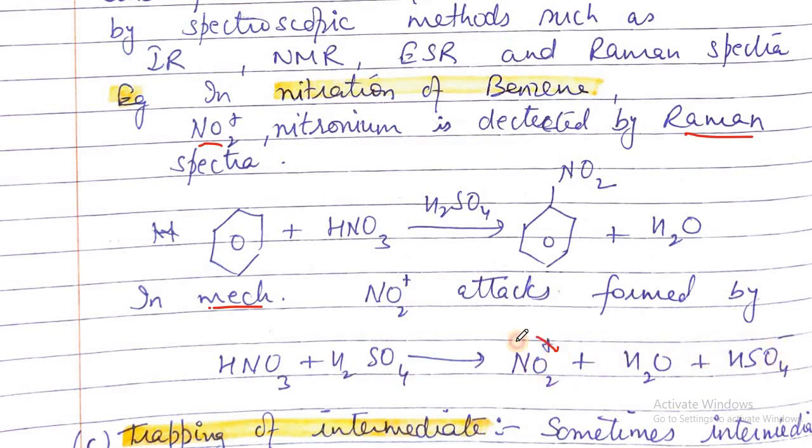So this nitronium ion attacks the benzene, and then the further reaction goes on. This electrophile is detected by Raman spectra. So the various spectroscopic techniques help us to know which intermediates are involved in a reaction, by which we can suggest a mechanism. For nitration of benzene, the mechanism is electrophilic substitution.